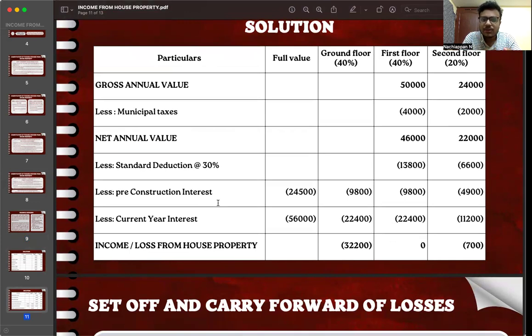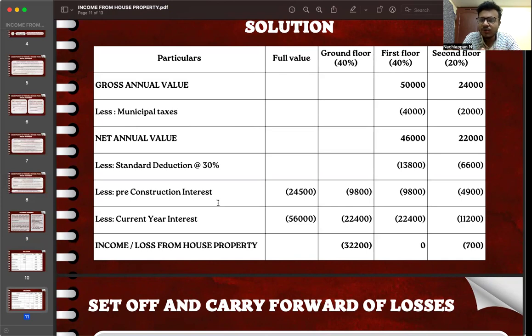Now that we have finished with everything, we can finally calculate our income or loss from our house property. Since the ground floor is self-occupied, there will be no NAV and only deductions, so it results in a loss of 32,200. For the first floor, the NAV and the deductions balance each other out, so it results in a zero value.